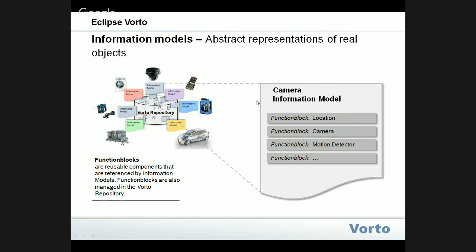So this is why we are structuring all such functionalities in these function blocks. Function blocks are also managed and shared in the Vorto repository. So let's go to the information model of the car. And you can see this is just another example here. You can see the same function block location is used there. Of course, we have here other function blocks, configuration and running status and whatever, depends a little bit on the interface of the car.